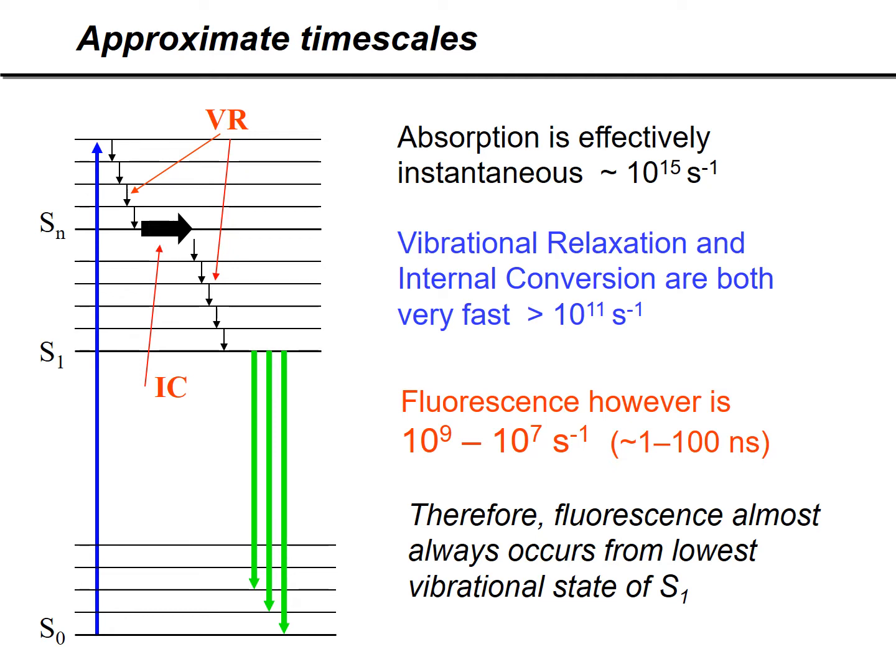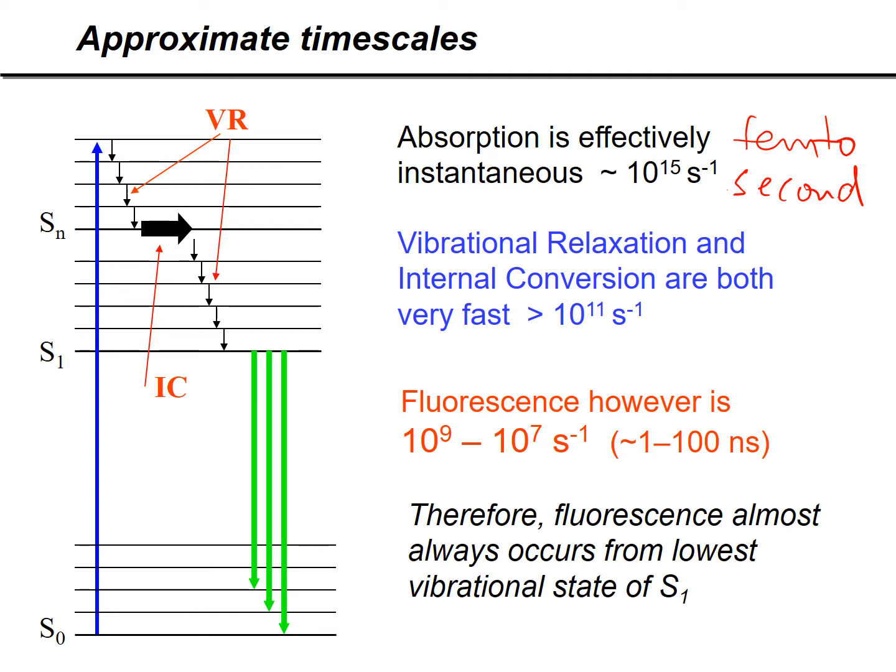This is 10 to the 15 per second is the rate constant. That's a femtosecond. So the molecule adjusts its electron distribution in a femtosecond to take on board that photon of energy.